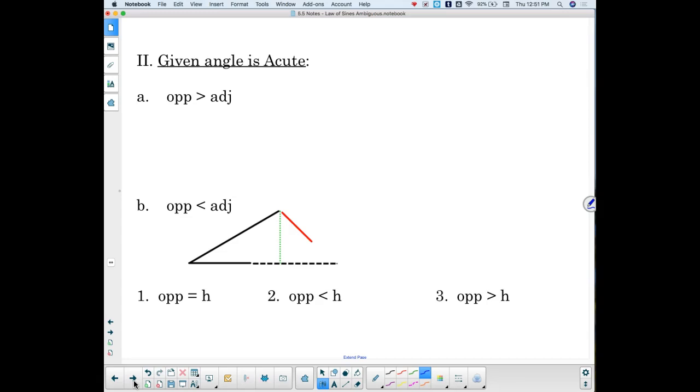So if we're given an acute angle, here's my angle, side B, side A, where A is bigger than B, we only get one triangle.